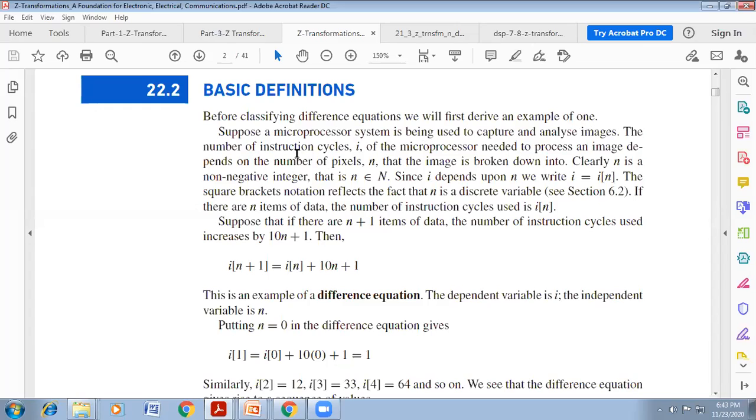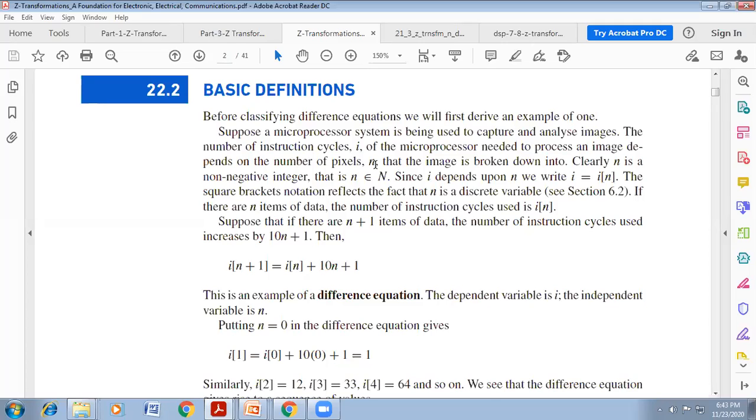The number of instruction cycles I of the microprocessor needed to process an image depends on the number of pixels. That means the image you have taken with the microprocessor system will depend on the number of pixels. Higher pixels will give a better image. Okay.